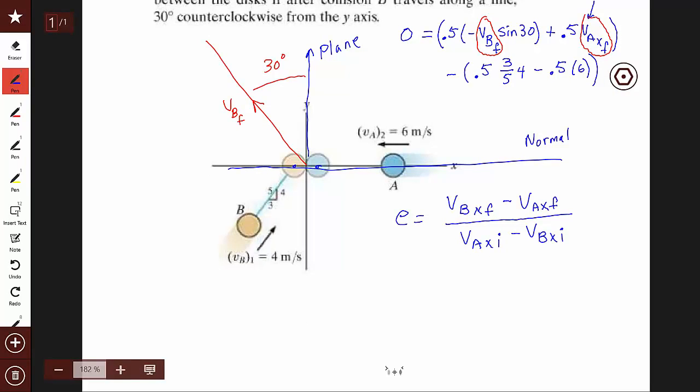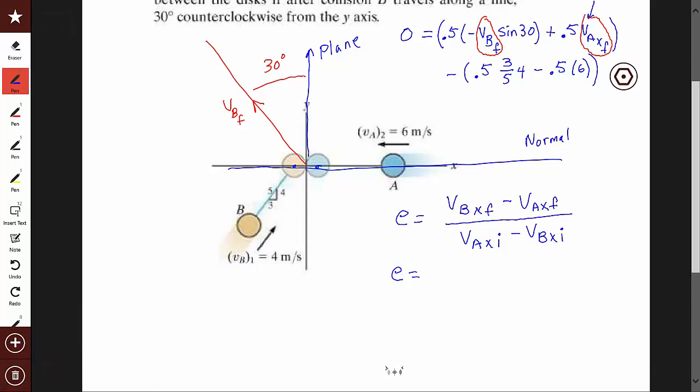So I'm going to plug into this. The coefficient of restitution equals velocity of B in the x direction afterwards. Well, that's going to be VBF times the sine of 30 minus VA after the collision. I think it bounces back to the right, so it would be VAxF divided by, now I do the initials.